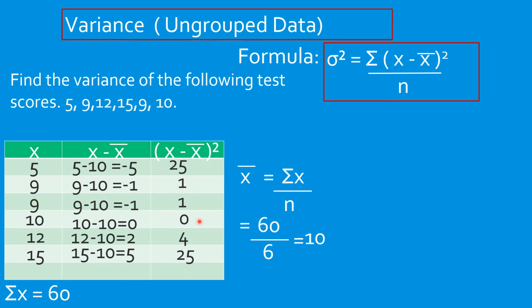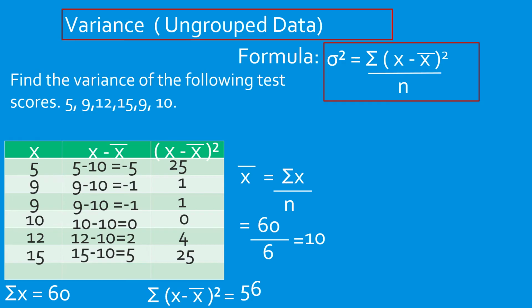Now we need to get the summation, so we're just going to add all of this. So we have 25 plus 25, that is 50, 54, 55, 56. The summation of the square of the deviation from the mean is equal to 56.